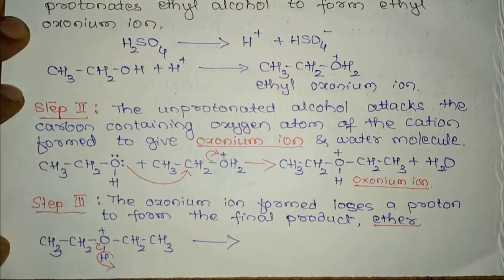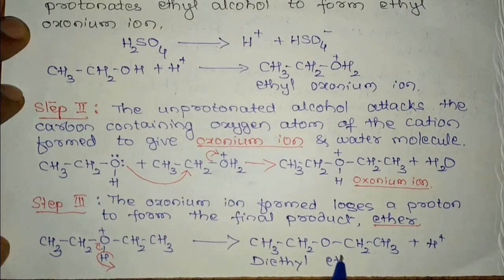H comes out as H plus. So you are going to get CH3CH2OCH2CH3 plus this H plus ion. This is diethyl ether. This is the mechanism of conversion of ethyl alcohol into diethyl ether, alcohol into ether.